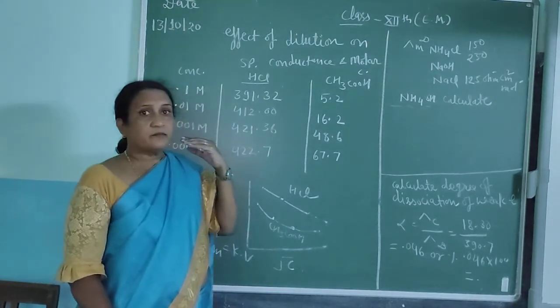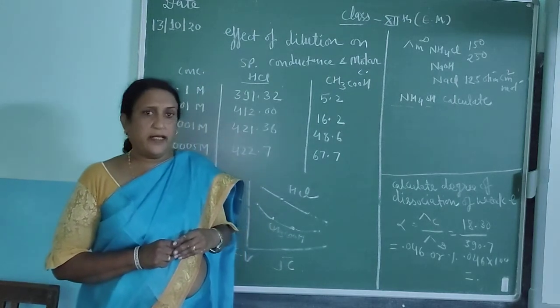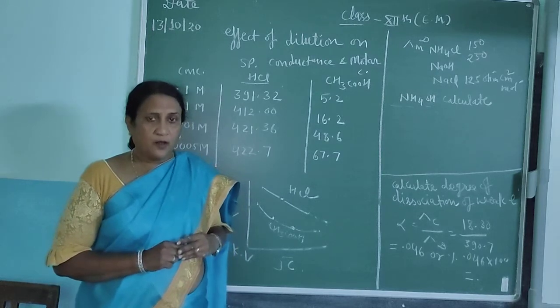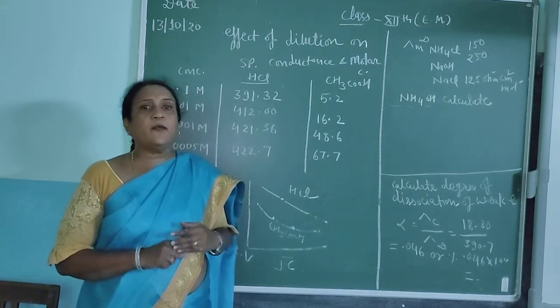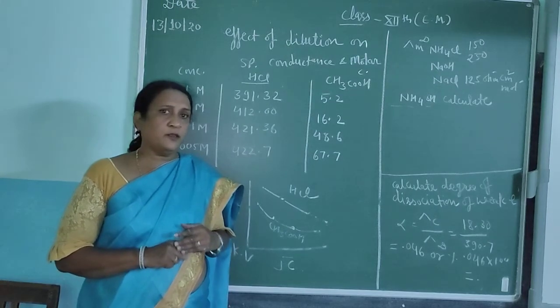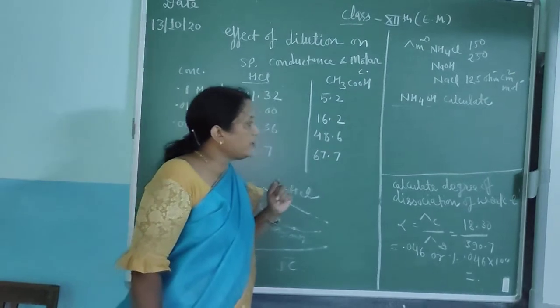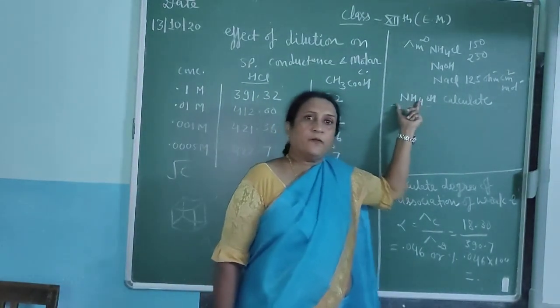I already discussed the Kohlrausch law, and I told you the applications of Kohlrausch law, and on the basis of the applications, some numerical problems come into the question paper. So here I am going to discuss the applications of Kohlrausch law.